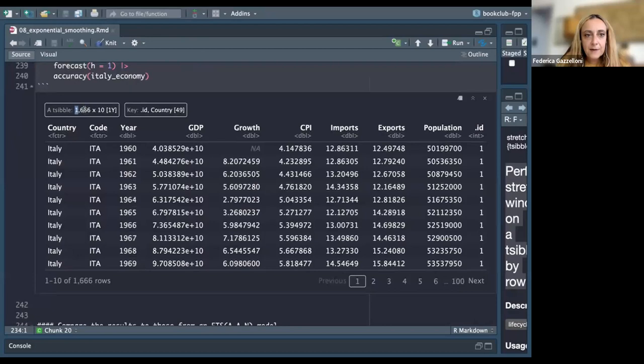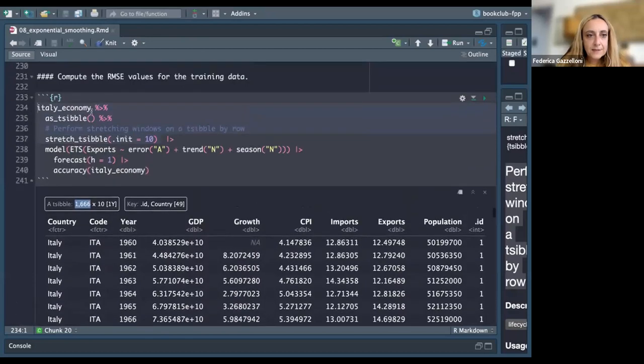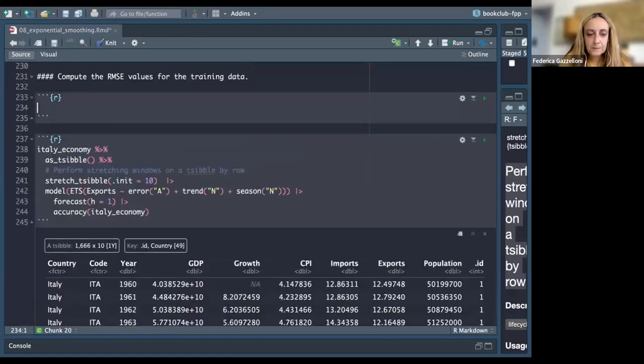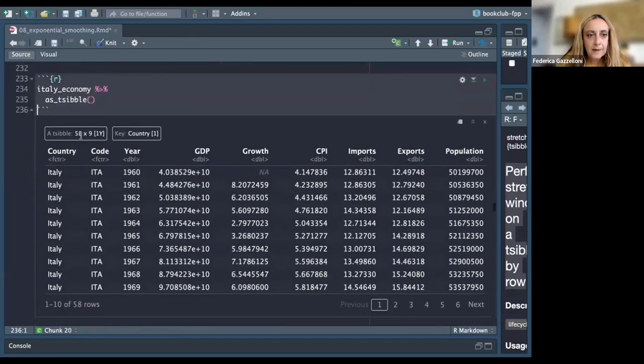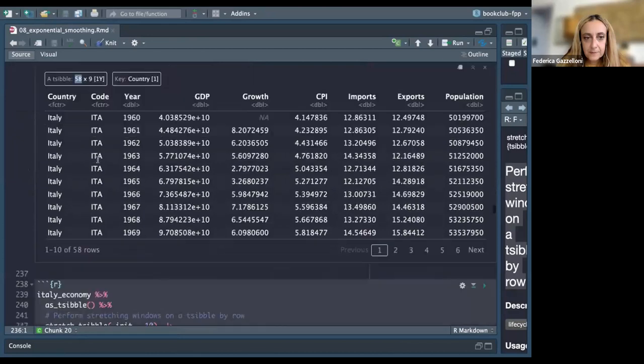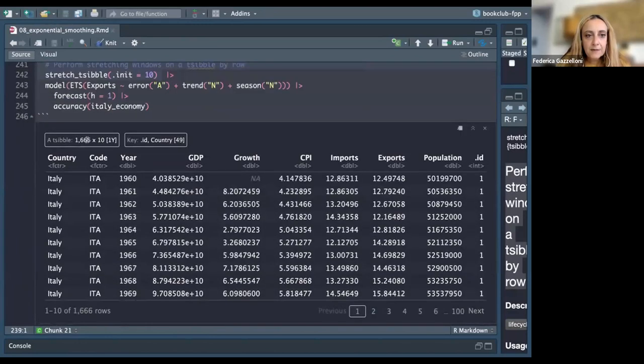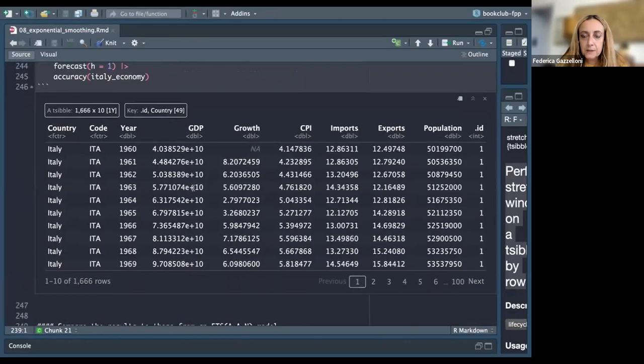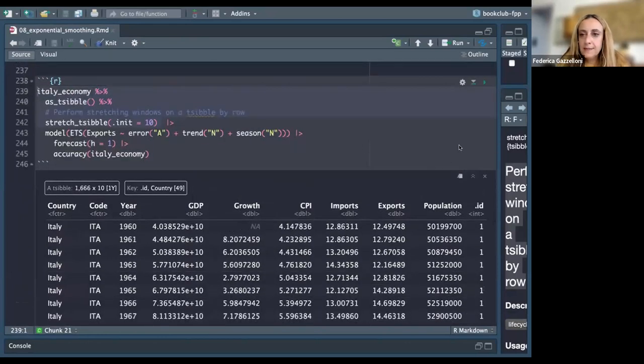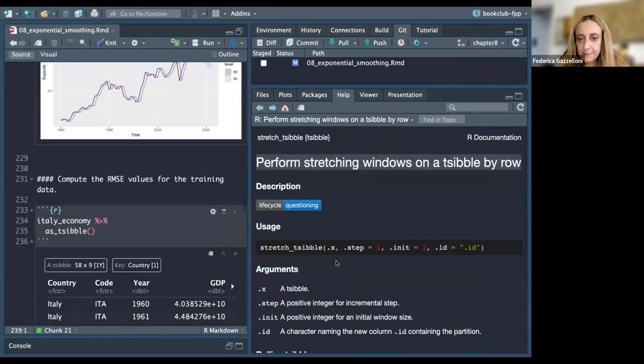Basically, let's go back here. I had 58 observations. Now I stretch it, and I have 1,666 by 10 observations. So this function is very interesting.